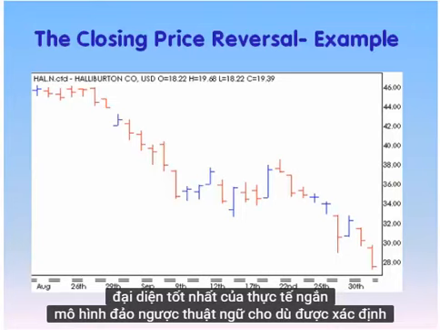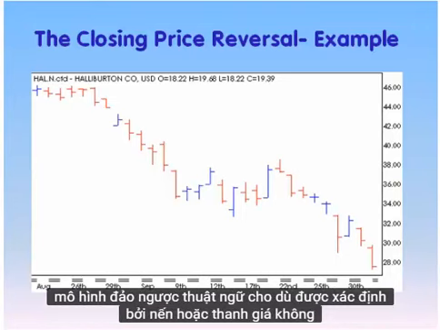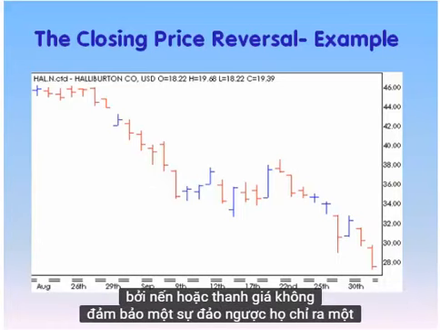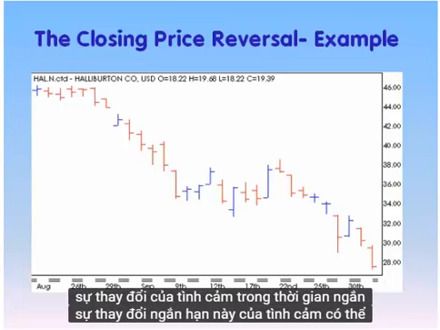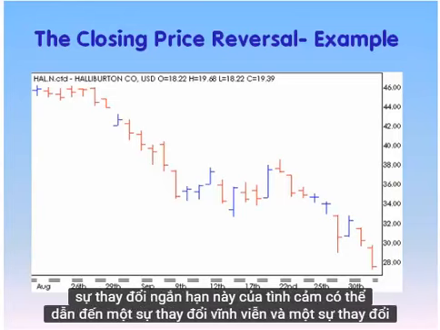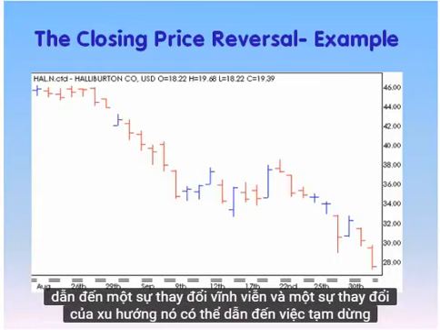Short-term reversal patterns, whether defined by candlesticks or price bars, do not guarantee a reversal. They indicate a change of sentiment in the short term. This short-term change of sentiment may lead to a permanent change and a change of trend.